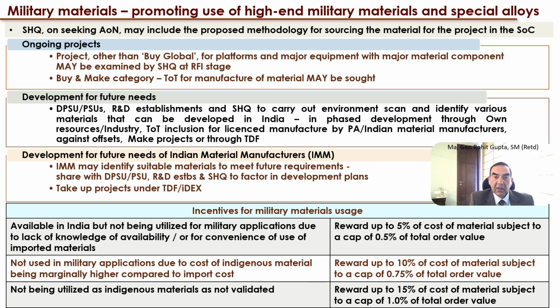Make projects or the Technological Development Fund can be used to incentivize. Development for future needs of Indian material manufacturers: IM may identify suitable material to meet future requirements. Share with DPSUs, PSUs, R&D establishment and SHQ to factor in the development plan. Take out projects also through the IDEX or under the provisions of the Technology Development Fund.